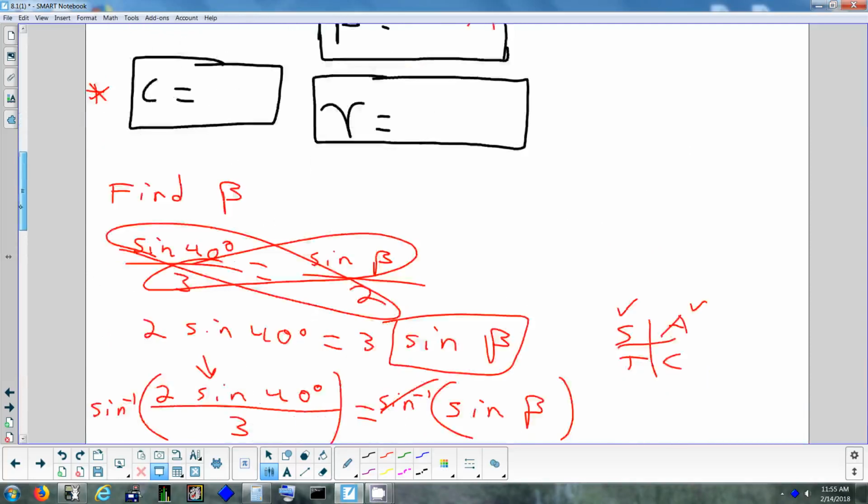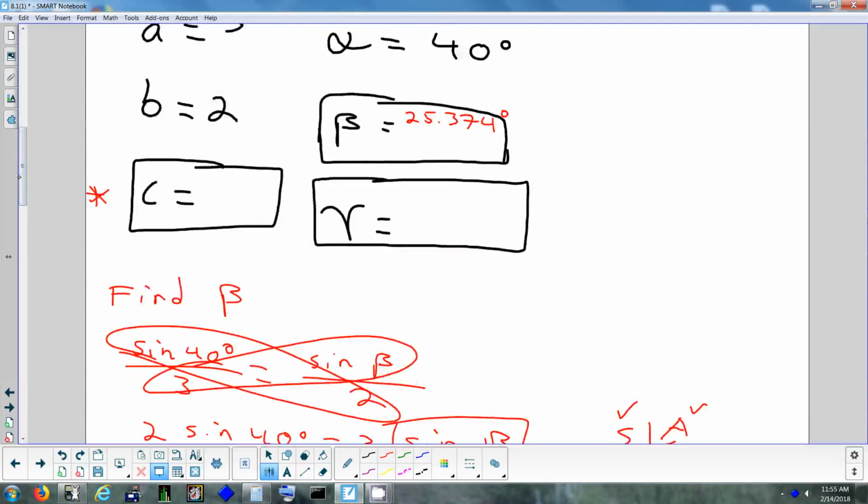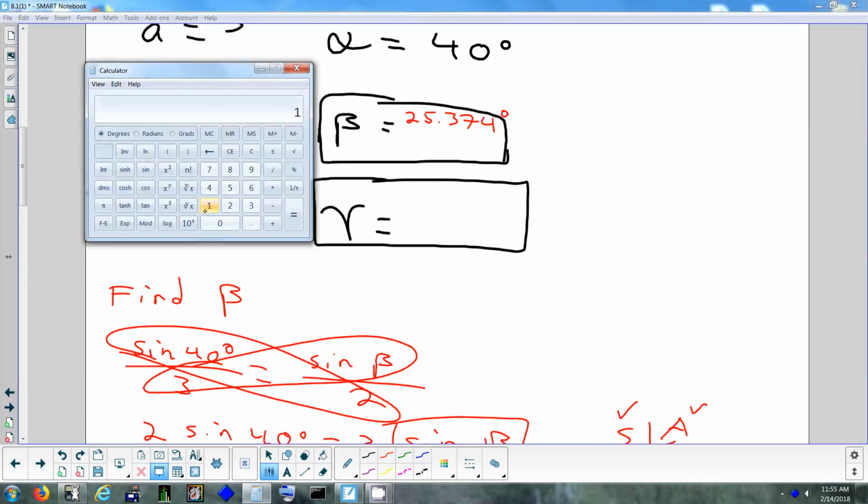Okay. Now, to get the second answer, what did we say we do with that? I got 25.374. How would you get the second answer? 180 minus that answer. So if there's a second answer to the problem, that's so weird that there can be 2 answers to this problem.